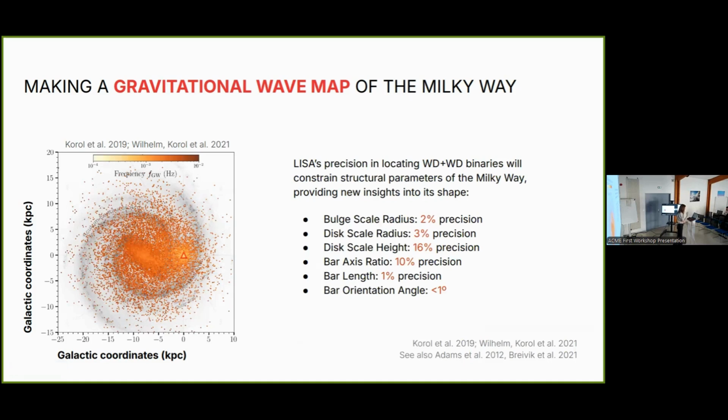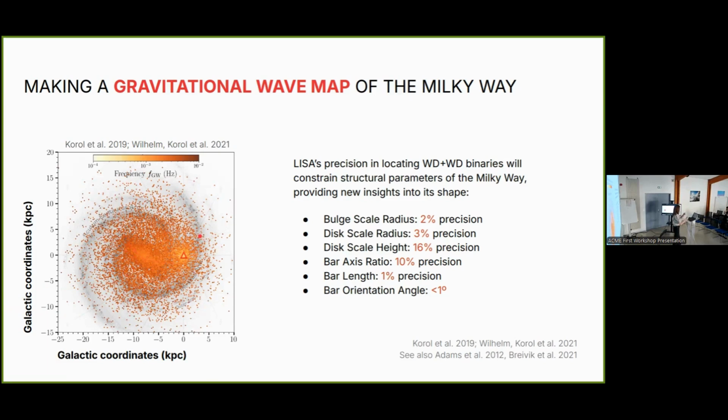And it turns out that LISA sky localization and distance measurement are good enough to constrain the galactic scale parameters. For instance, we did some studies that assume an analytical expression for the distribution of the double white dwarf binaries.